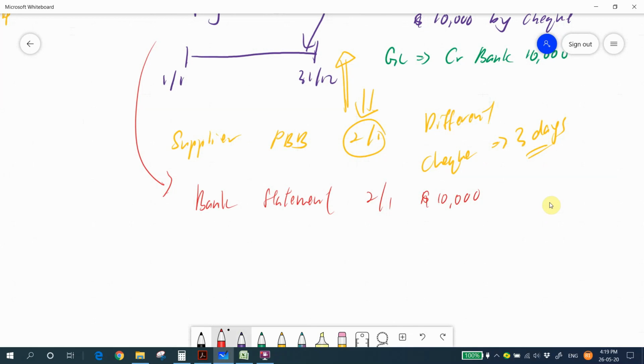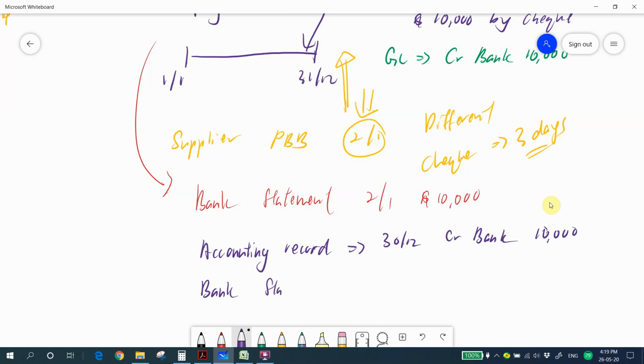In the accounting record, you mentioned that on 30th December you have a credit to bank of 10,000, but in your bank statement it only shows that your payment cleared on 2nd of January. So can you see that there is a timing difference between your accounting record and your bank statement?